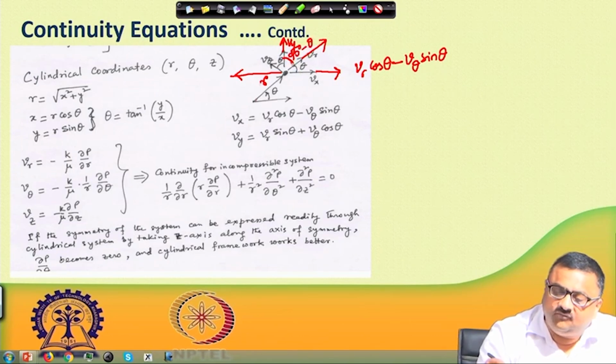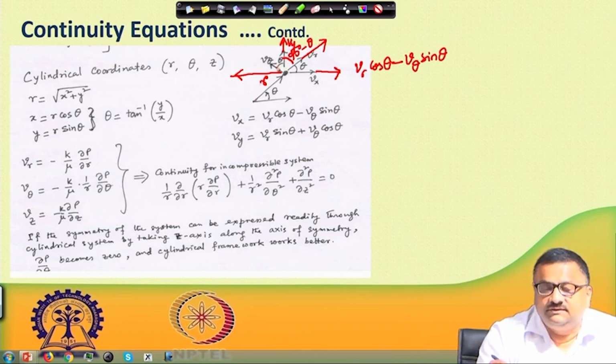So, V y would be V r cos of 90 degree minus theta, that means V r sin theta, positive. And V theta is also positive, because V theta is in this direction, so it will also have a positive component in the y direction. That would be simply V theta cos theta, and they would be additive. So, V y is equal to V r sin theta plus V theta cos theta.